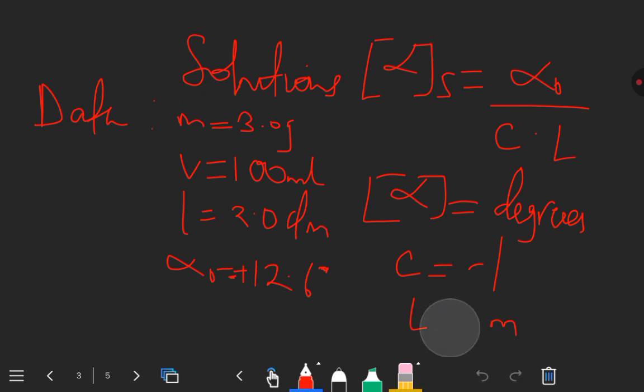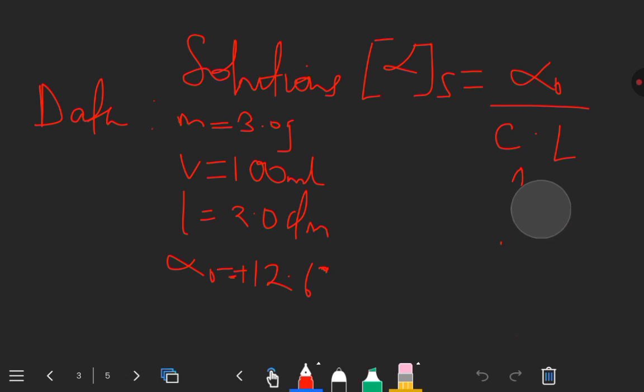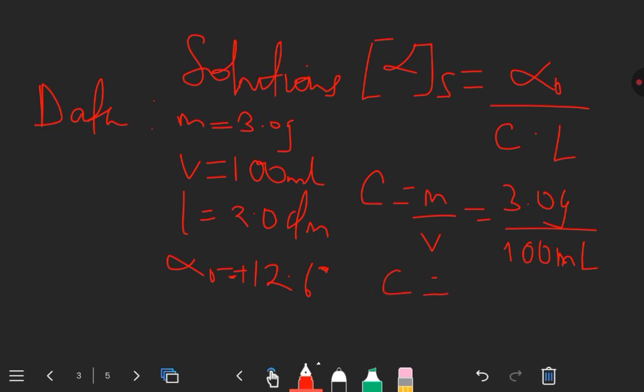So our concentration will be equal to mass over volume, which is 3.0 grams over 100 mL.